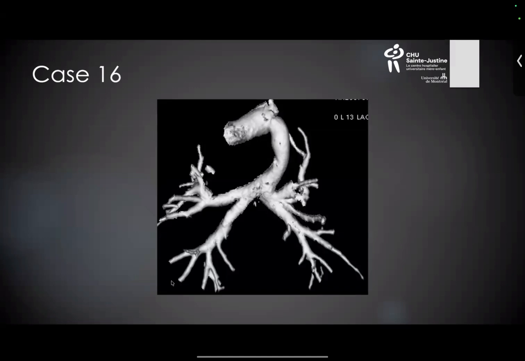The snowman represents all 4 pulmonary veins that, instead of going towards the left atrium, go from a vertical vein directly to the left innominate vein and then back into the superior vena cava, which makes the head of the snowman.